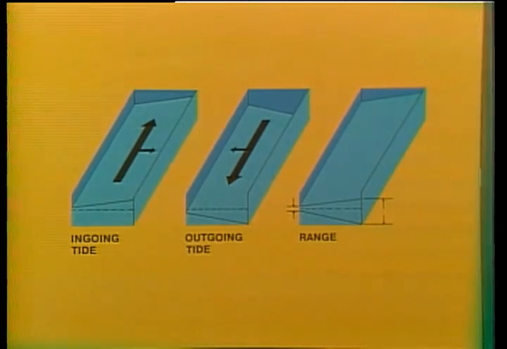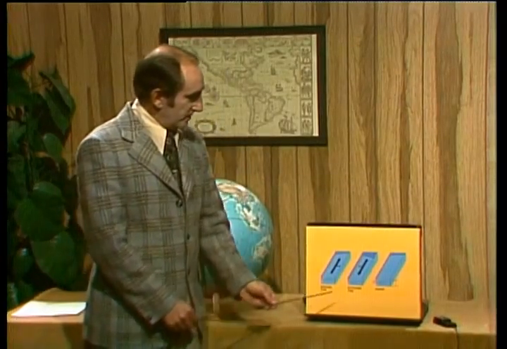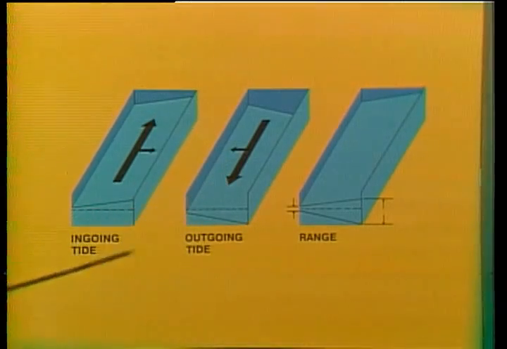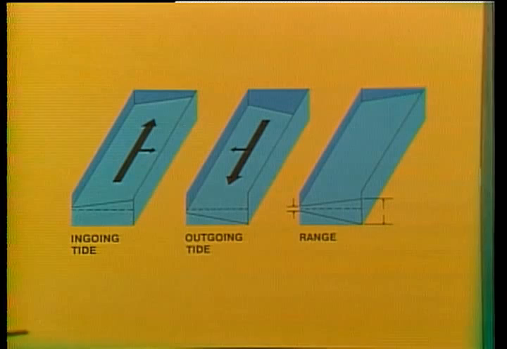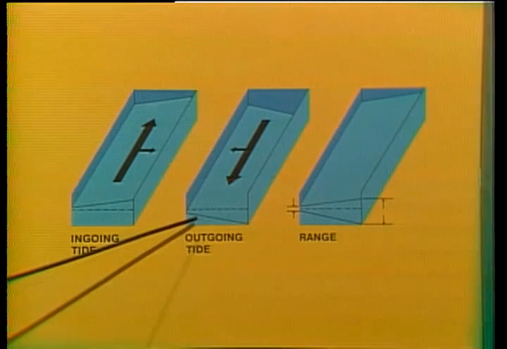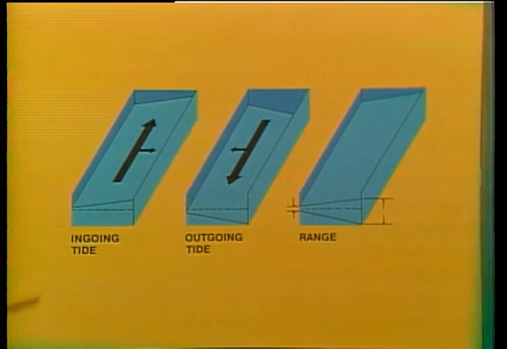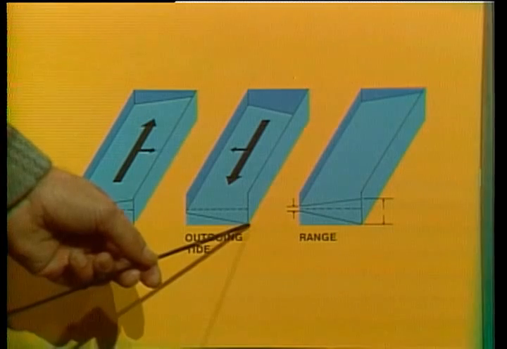Now, on the outgoing tide, the water is going out of the channel, and the Coriolis force still acts to the right. It would act to the left in the southern hemisphere, but we'll assume we're in the northern hemisphere, and it would in fact cause, again, the water to tilt up to the right.